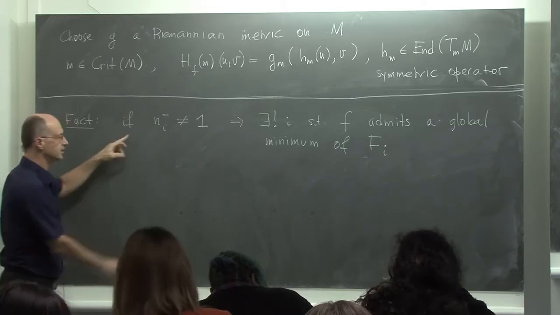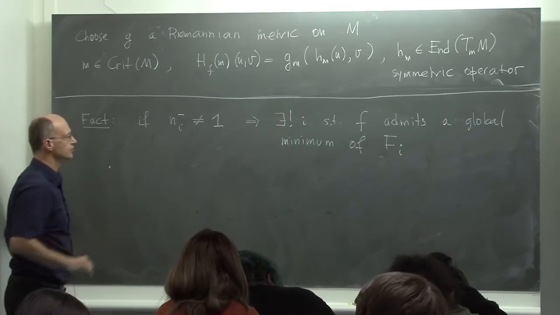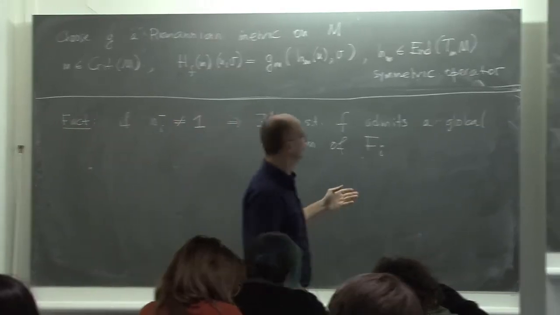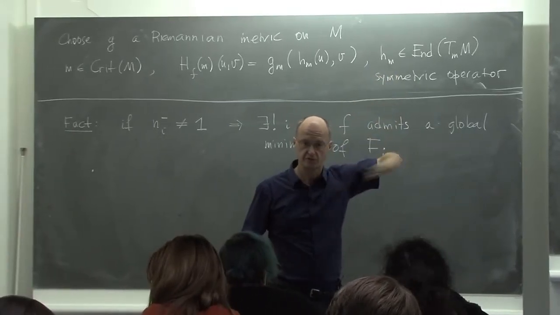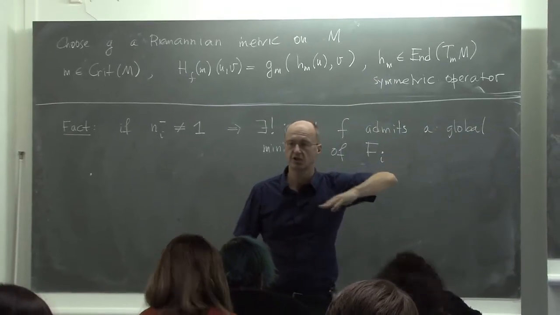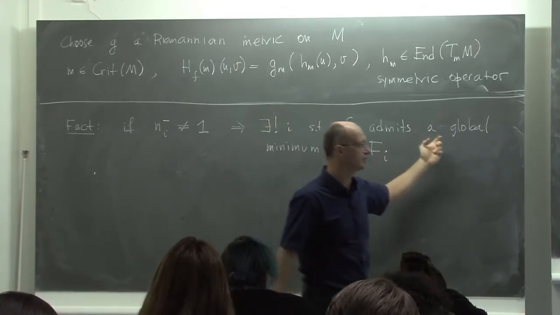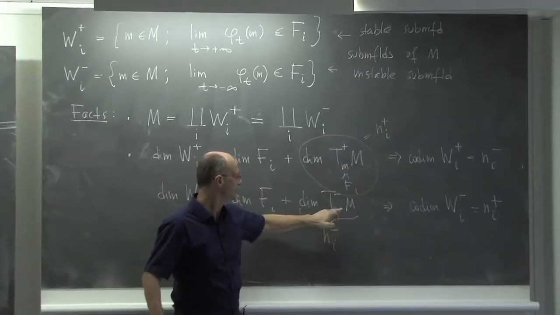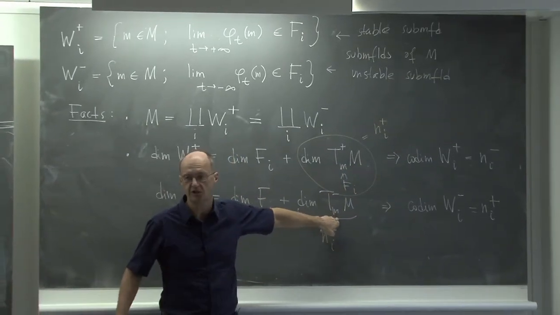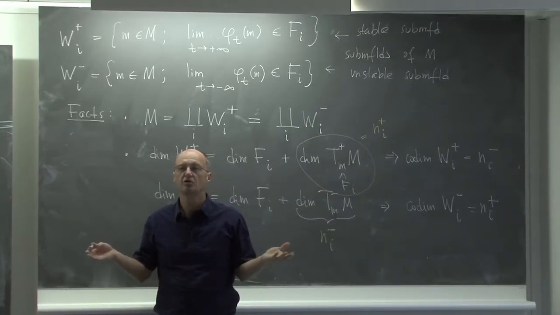So maybe, before discussing why it is true, recall that we have this Hessian. It has zero eigenvalues, which correspond to the tangent space to the connected component of the critical set. It has positive eigenvalues here, and negative eigenvalues there. So what does it mean for a critical point to be a local minimum?